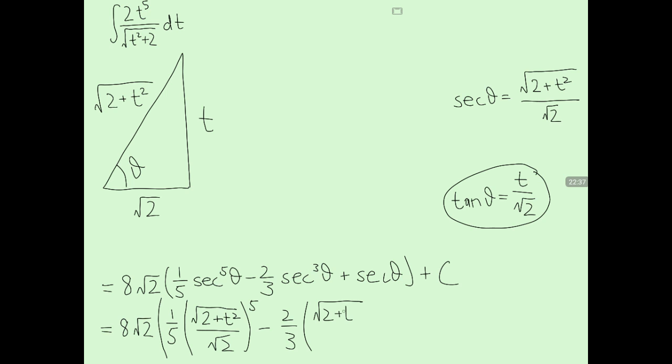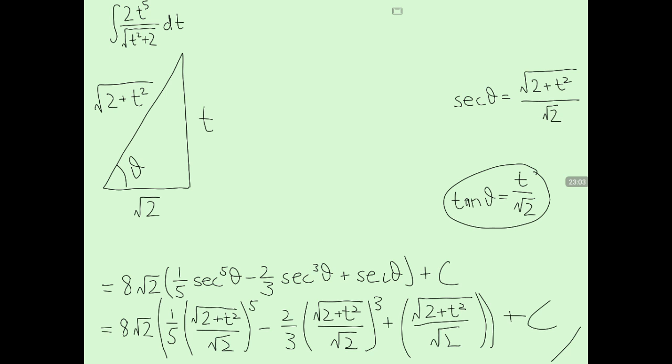So this is going to give us this secant theta expression again, but this time to the power of 3. And we're going to get it one more time, but this time only to the power of 1. And this is the final answer to this indefinite integral plus c.